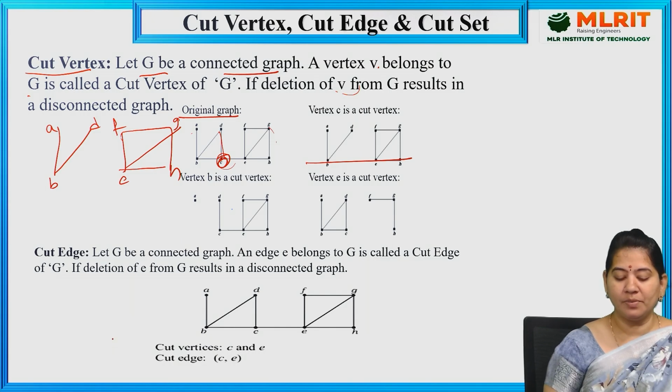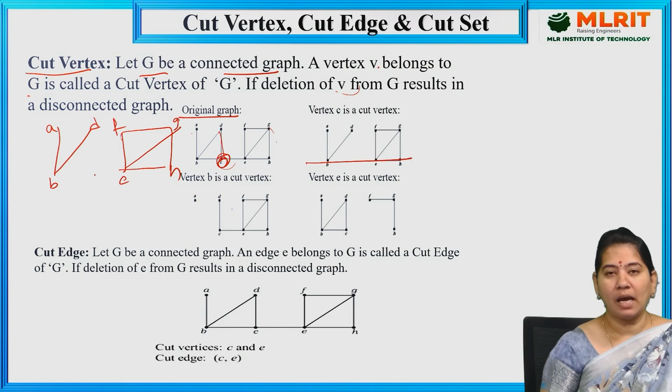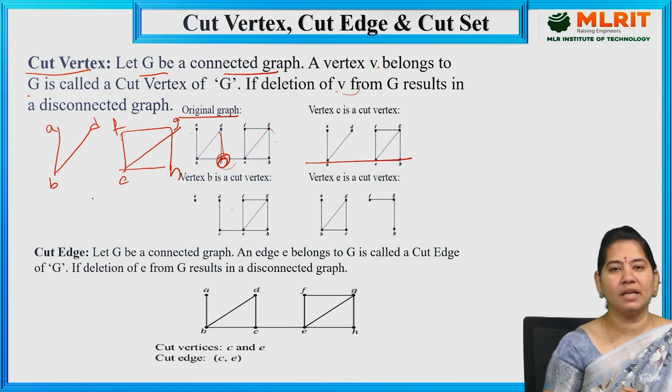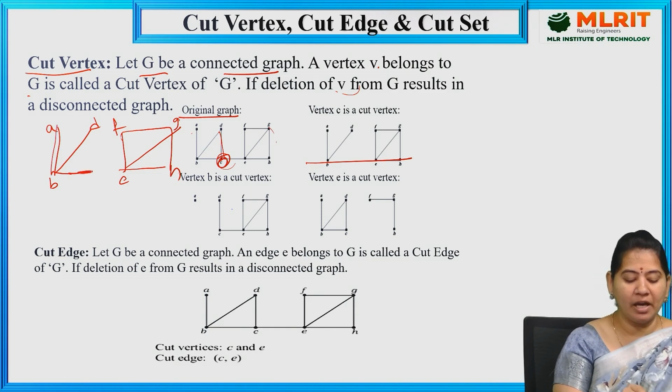Now if you observe, because of the deletion of one vertex, I can make this graph disconnected. Why? If I want to travel from the source A to the destination H, how can I travel? A to B, and here I should have some connectivity, but I don't.